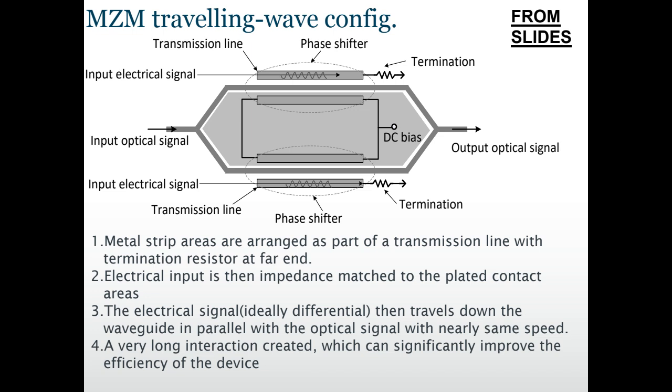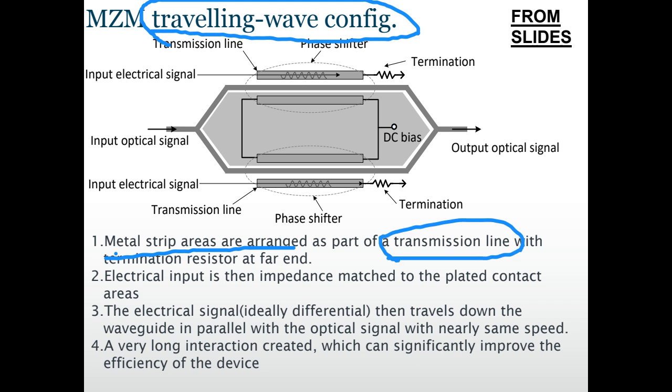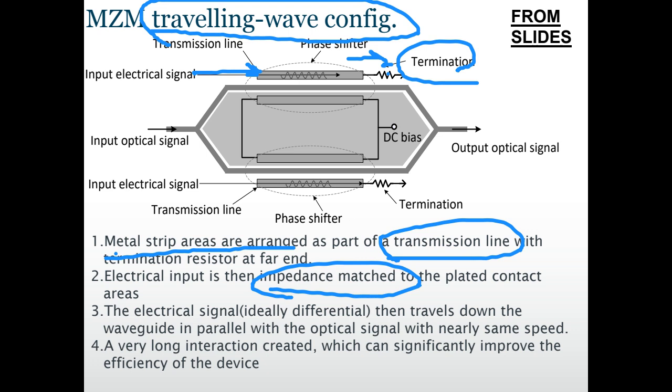Okay, so the metal strips are arranged as a transmission line, and the electrical input is from here, and at the other side we have impedance matching, which means we have termination, so that the electrical signal would just go this way without coming back as reflection. So this resistance should be the same as the characteristic impedance of the transmission line.